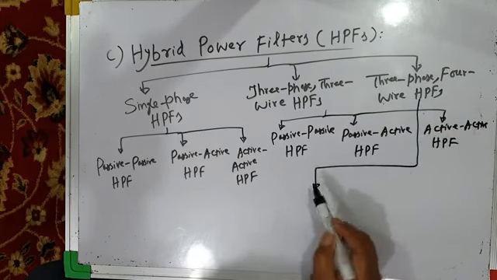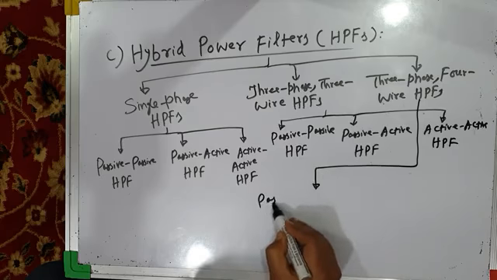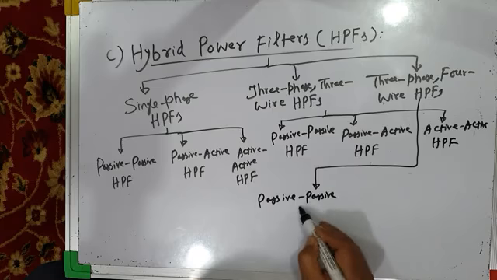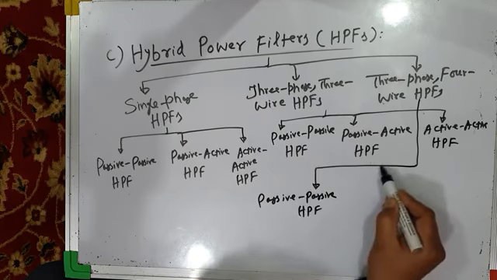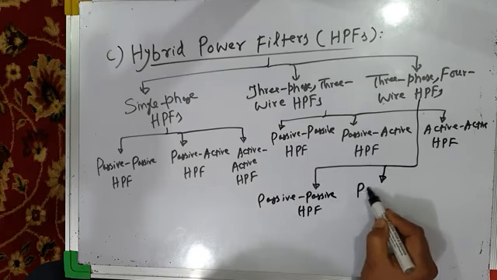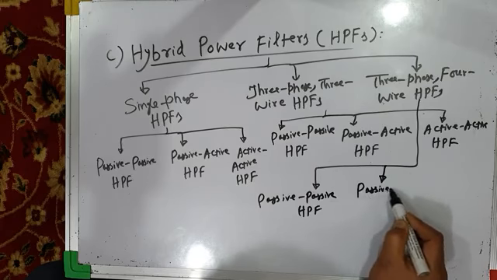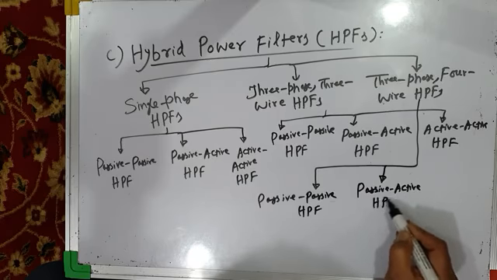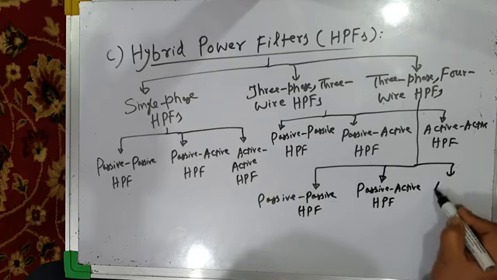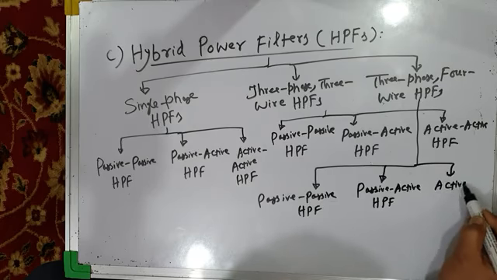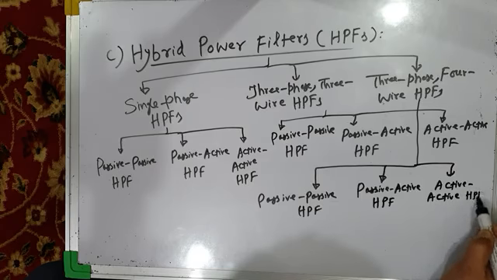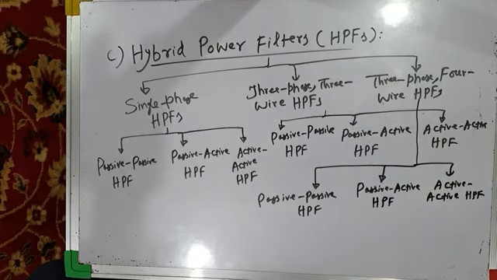Three phase four wire, I will write here passive hybrid power filter, passive active hybrid power filter, and active hybrid power filter. So this is the broad classification of hybrid power filters.